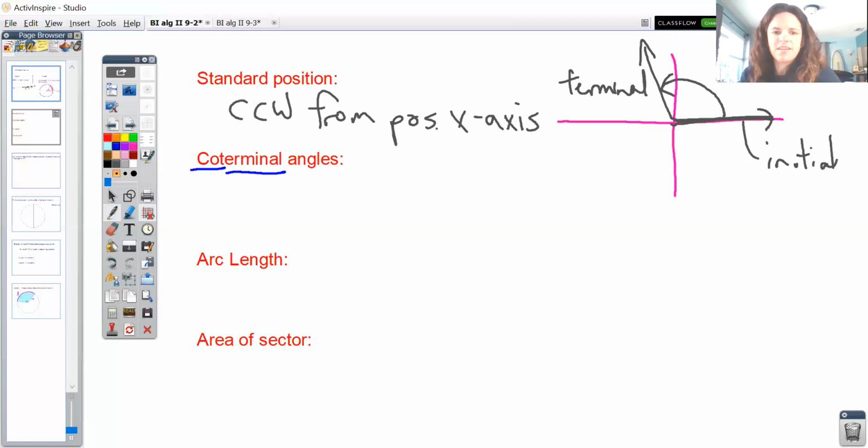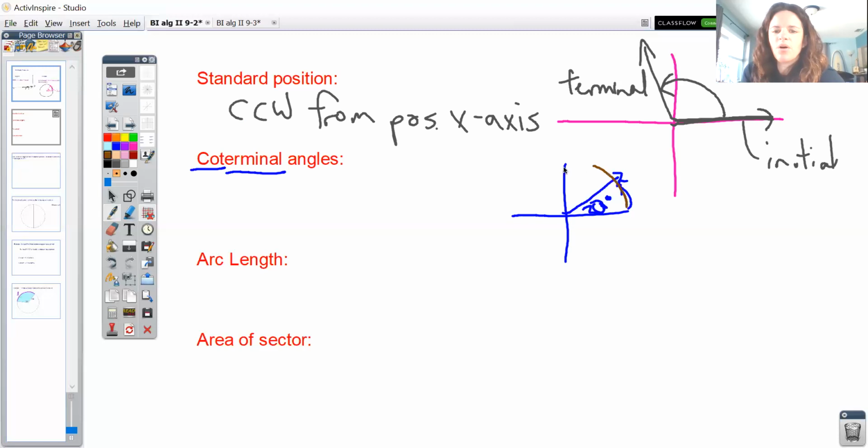For instance, let's just say that this is a 20-degree angle right here. And then to find a coterminal angle, I could say, okay, well, let's find an angle that would land in the same spot as that. It has to start in the same spot as well. It has to still be in standard position. So how can I start here and end there, but have a different angle?